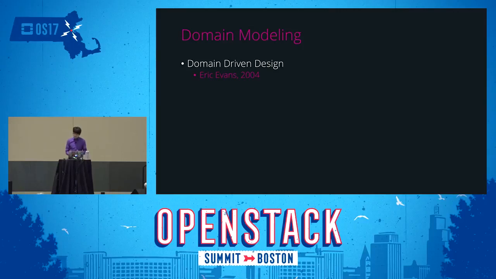The central idea is that people across the business, both technical and non-technical, can build a shared vocabulary called the ubiquitous language. The ubiquitous language is just natural language that describes the business domain in terms of entities, processes, and relationships. And this kind of natural language lends itself to being modeled as a graph.